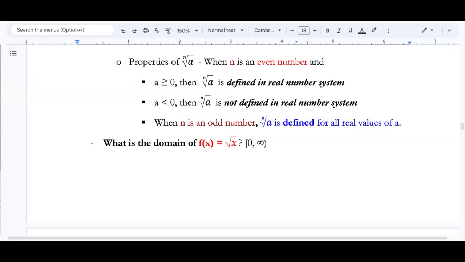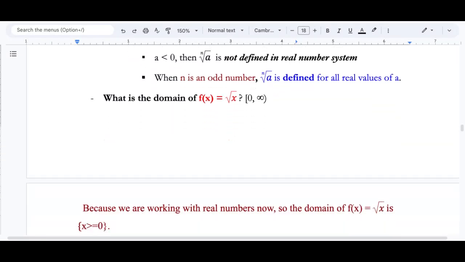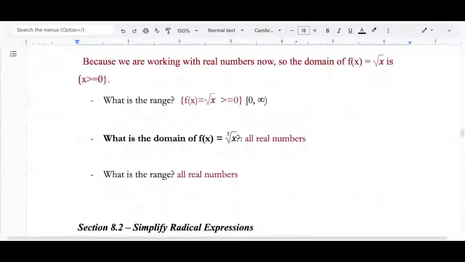What is the domain of the square root of x? Well, x in the real number system, right? The smallest value x could be is 0, then it can go up to infinity. What is its range?